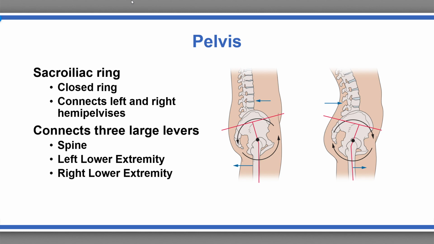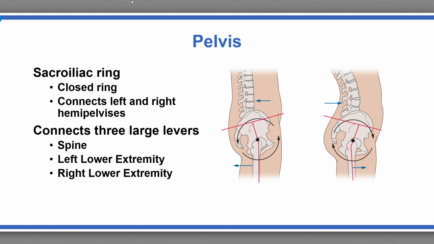Each hemipelvis consists of an ilium, pubis, and ischium, which are connected anteriorly at the pubic symphysis joint. Posteriorly, they are connected by the sacrum with the two sacroiliac joints on either side.